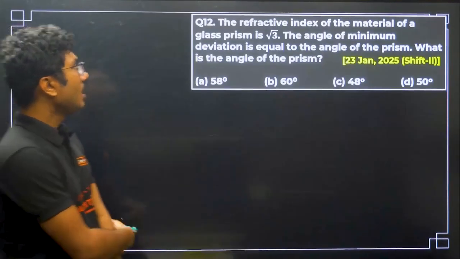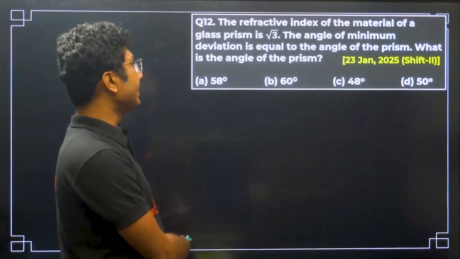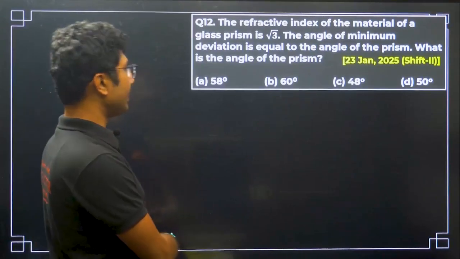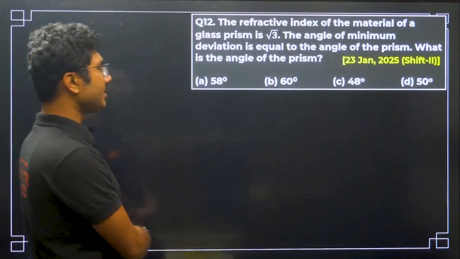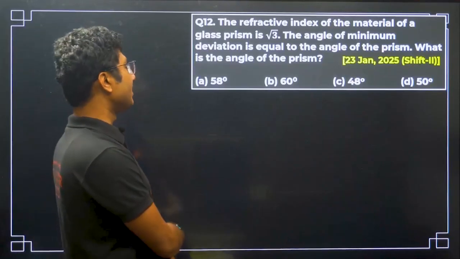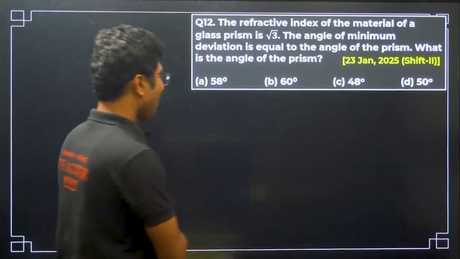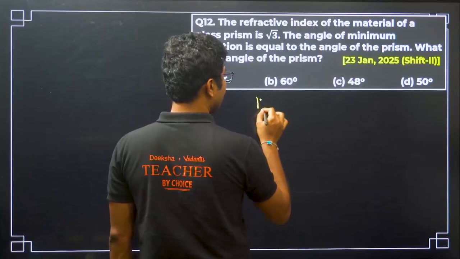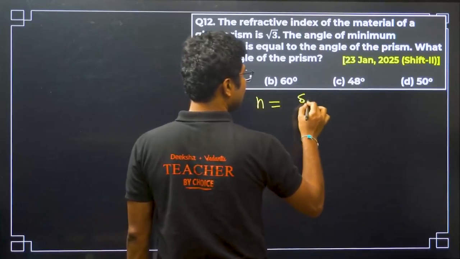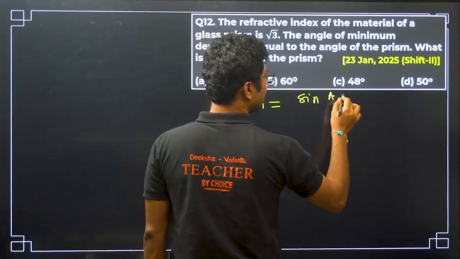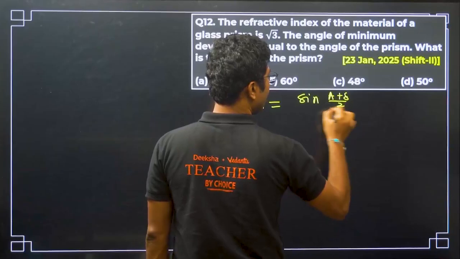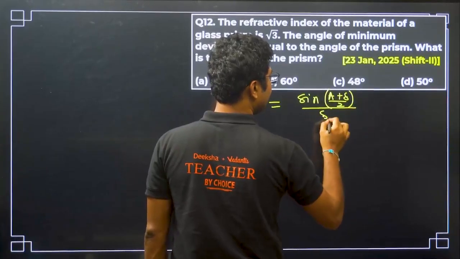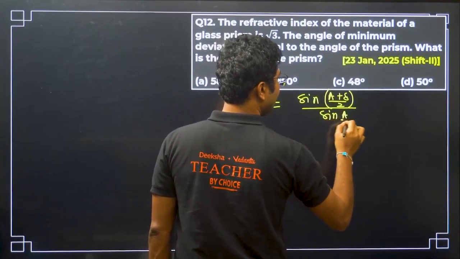Next question, the refractive index of the material of a glass prism is √3. The angle of minimum deviation is equal to angle of the prism. What is the angle of the prism? So, refractive index is given by sin((A plus delta)/2) divided by sin(A/2).